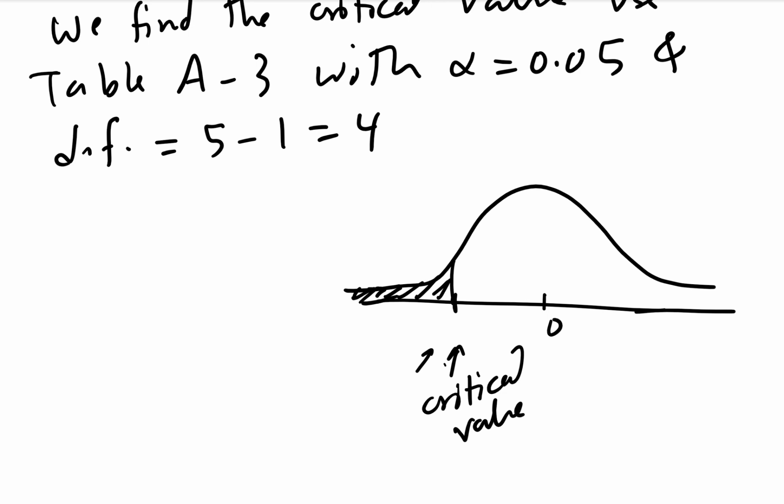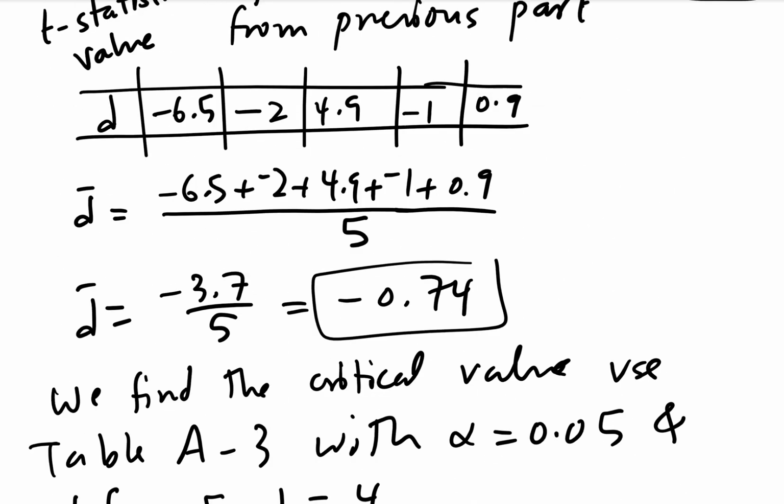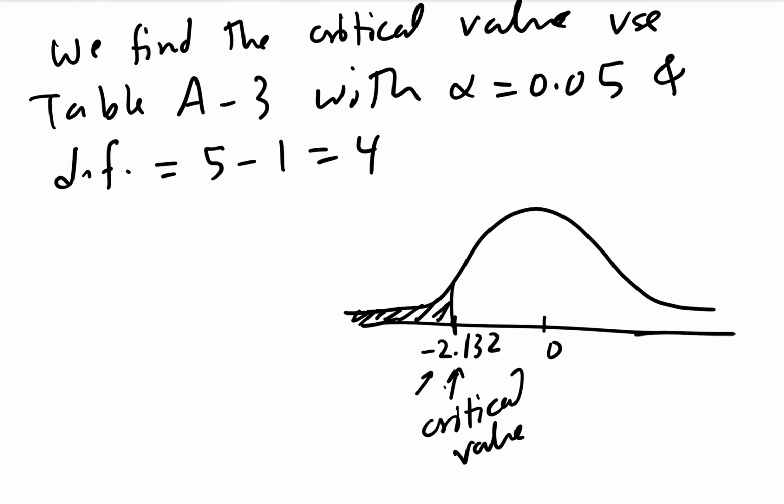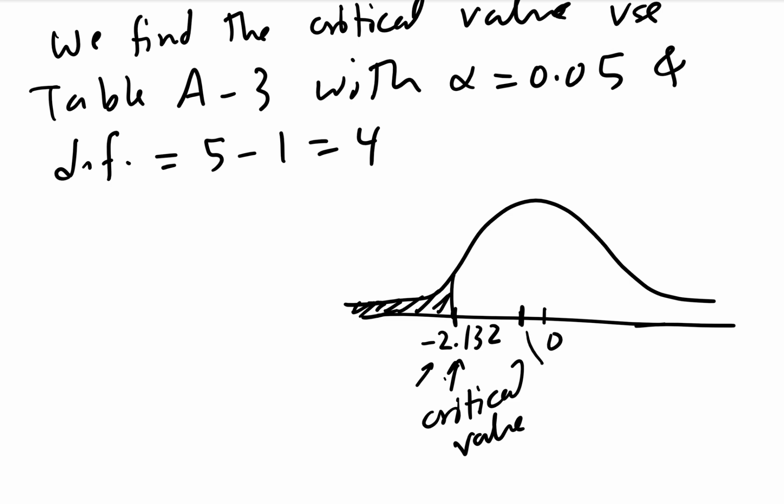It's 2.132. So in this case we'll put negative because it's to the left. This is the critical value, and the value that I got for the test statistic, negative 1 point something, which is here. This is negative 1.15, let's say. So this is the test statistic value.